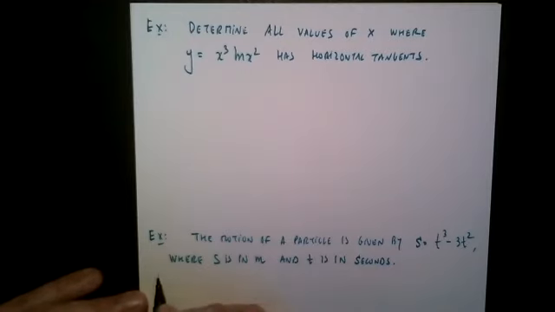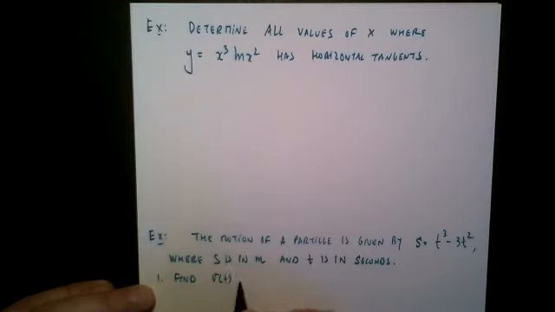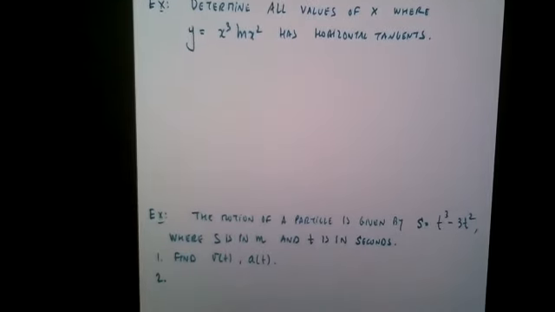Okay, so one, find v of t and a of t, so velocity and acceleration. Second, when is the particle at rest? And what is the acceleration at that time?